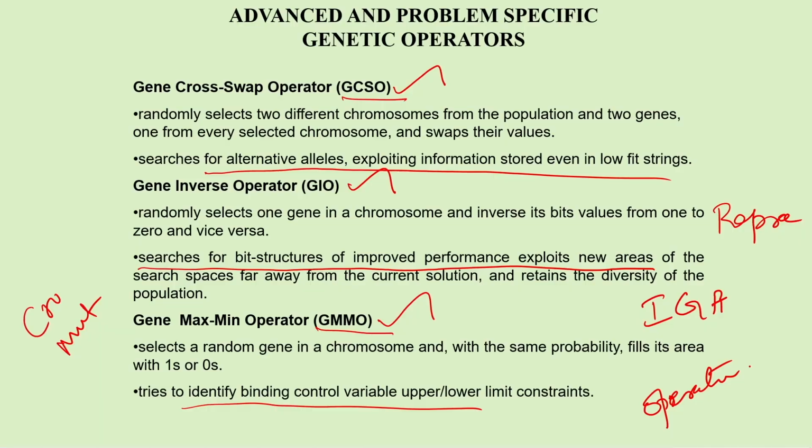So each operator is treated as a somewhat advanced version of an operator, and they are more problem specific genetic operators. If you apply these three operators, it is expected that we can get a good improvement from the algorithm.